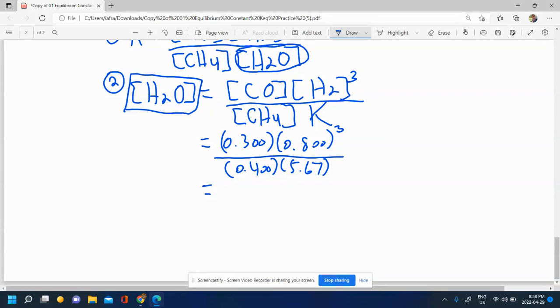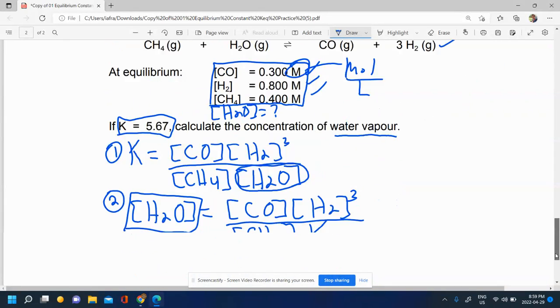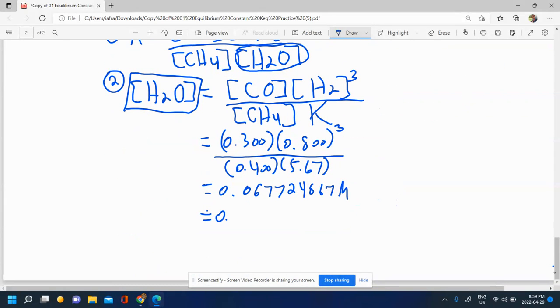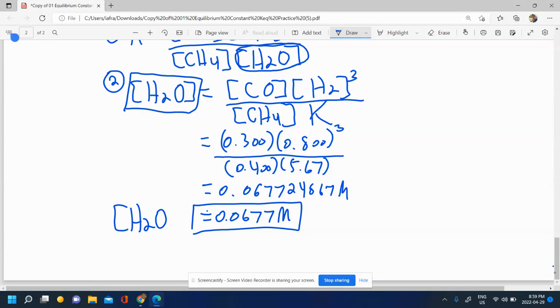And we get approximately 0.067724867 molar, or to the correct number of sig figs, which is, in this case, 3 sig figs, 0.0677 molar. And so this would be the concentration of H2O at equilibrium.